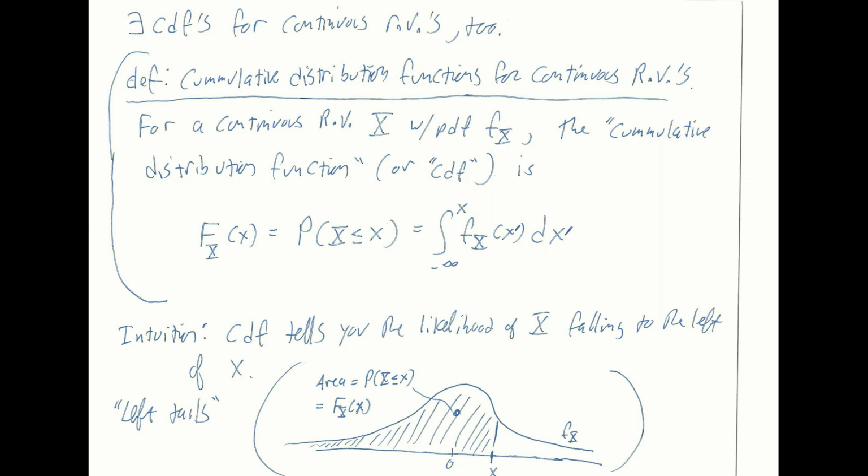The density function is always indicated by a lowercase f, and the CDF is always indicated by an uppercase F. They both have the subscript given by the variable name so that you know which variable's CDF or PDF is being referred to. So big F at little x is by definition the probability that big X is less than or equal to little x.